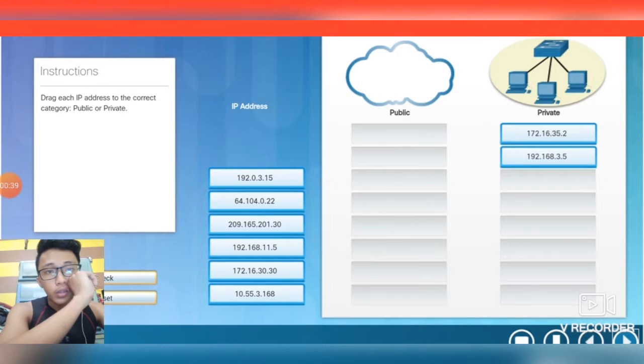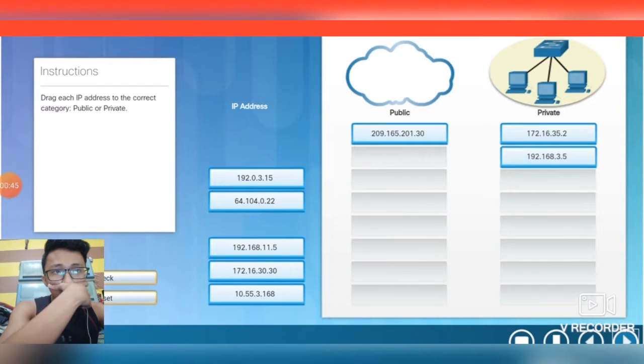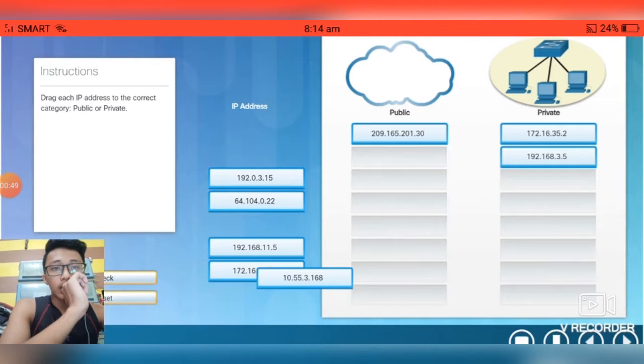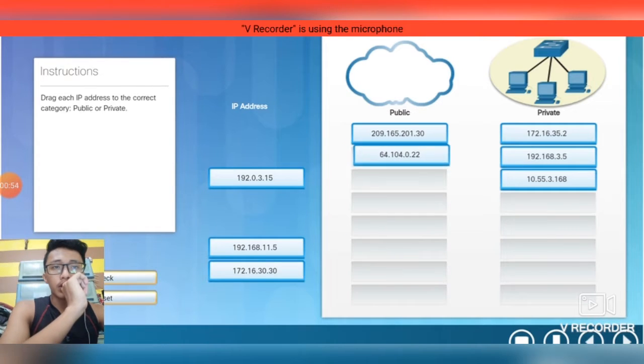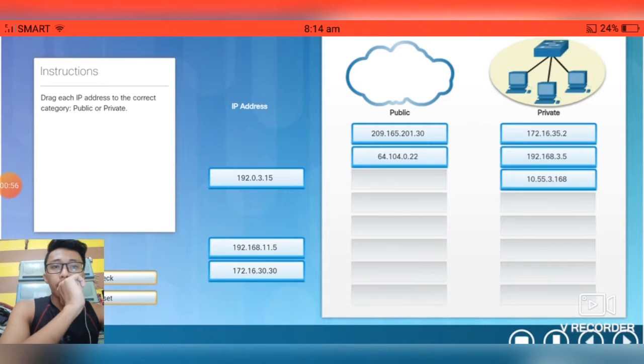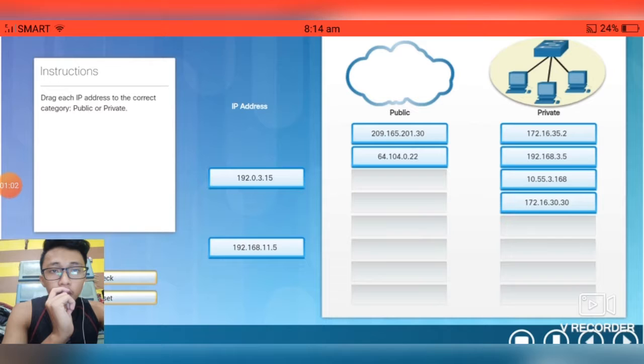This is public because 209 is not in the private range, and this is public.